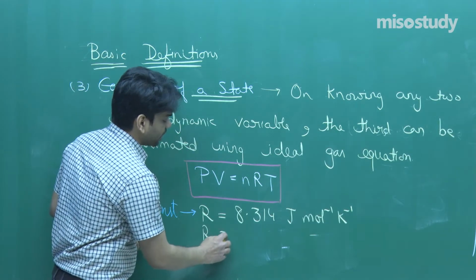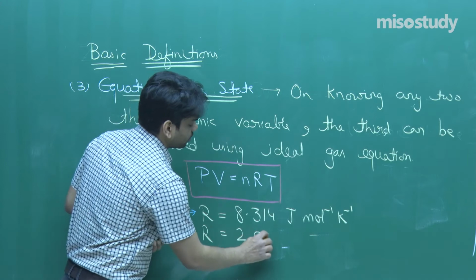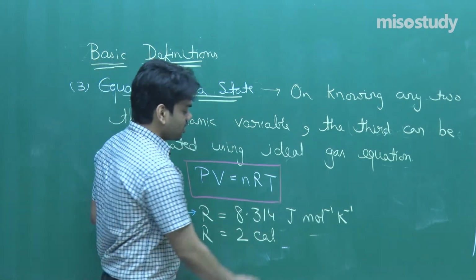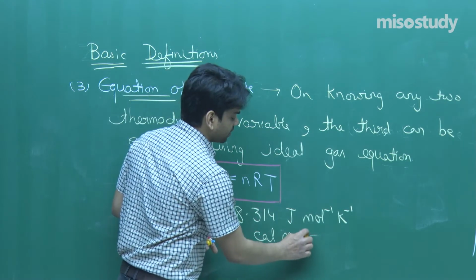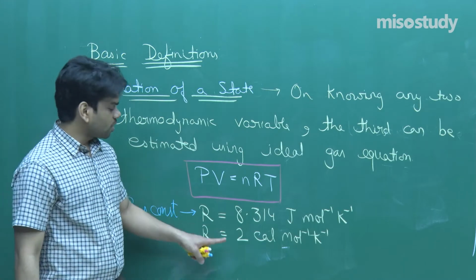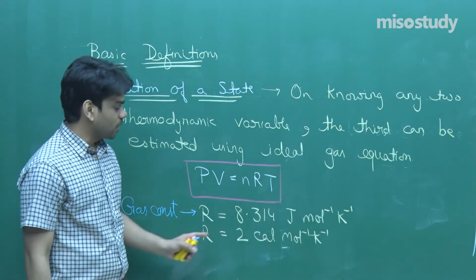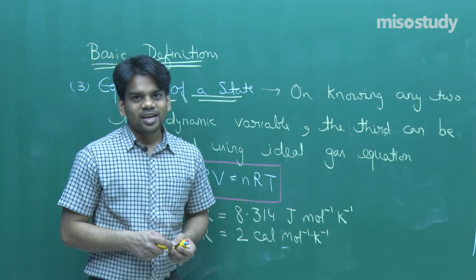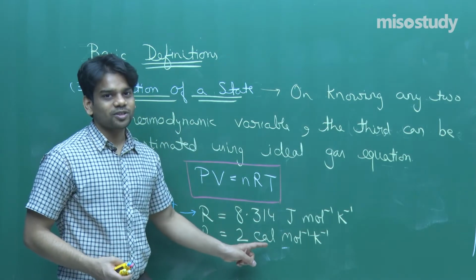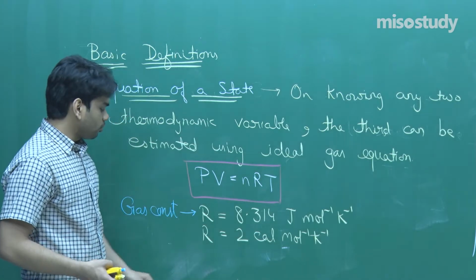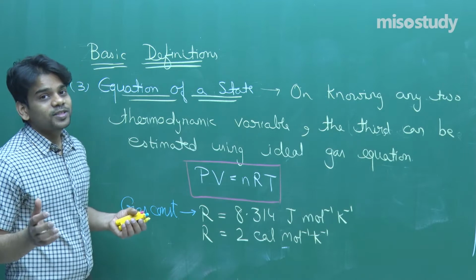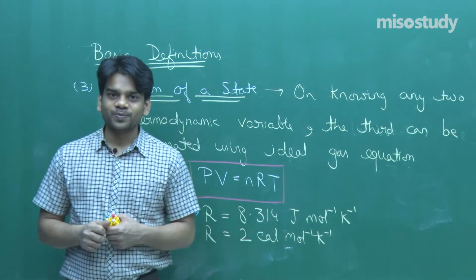The same thing can be expressed in terms of calories. It is approximately 2 calorie per mole per Kelvin; actually it's about 1.98, but we will take it to be 2 calorie per mole per Kelvin. That is the value of the gas constant when energy is expressed in calories, the number of moles in moles and temperature in Kelvin. So this was all about some basic definitions that we shall know.